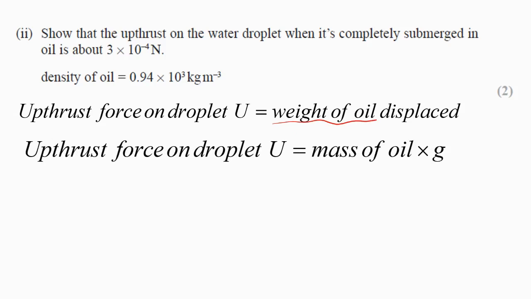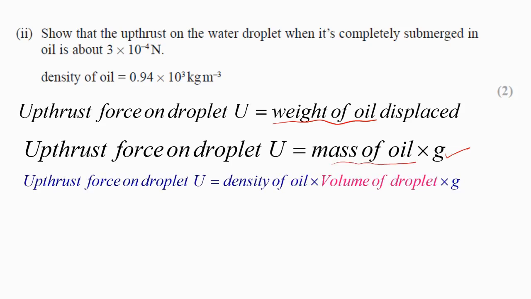The upthrust force on the droplet is equal to the mass of the oil times acceleration due to gravity. In order to find the weight of the oil, we multiply the mass of the oil with the acceleration due to gravity. Then how can we find the mass of the oil?